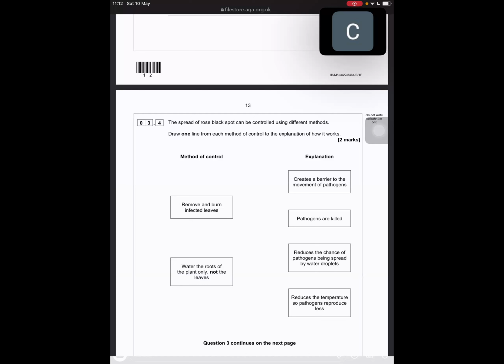I think it creates a barrier to the moving of the pathogen.